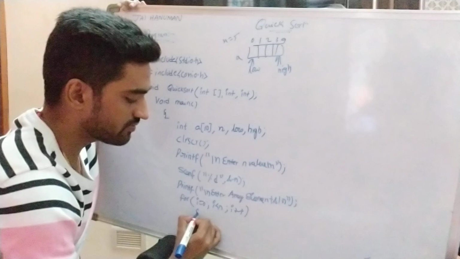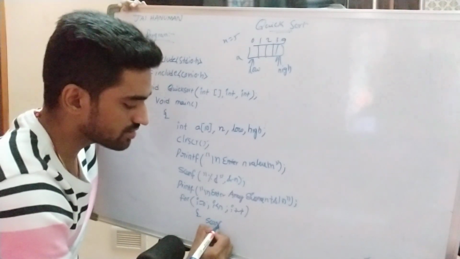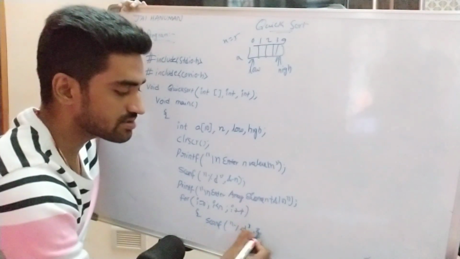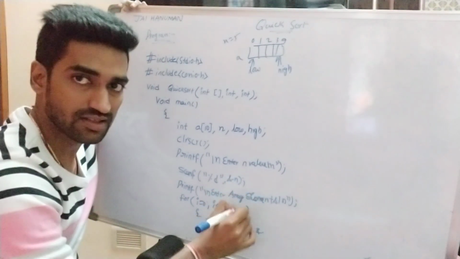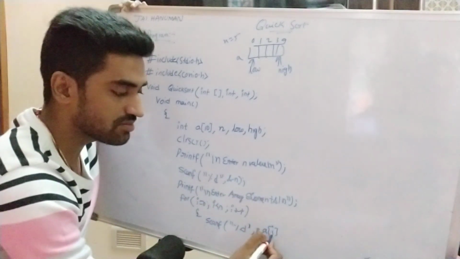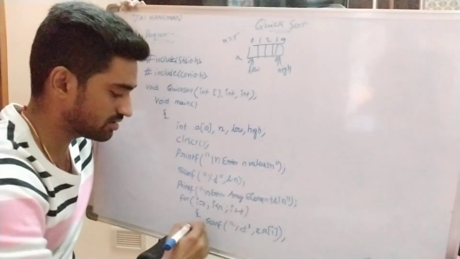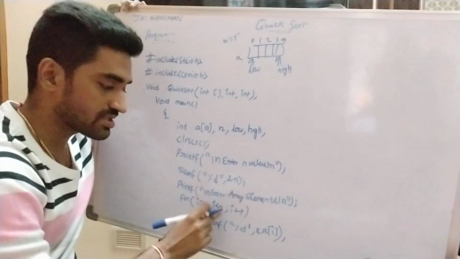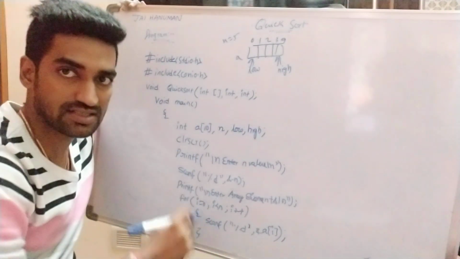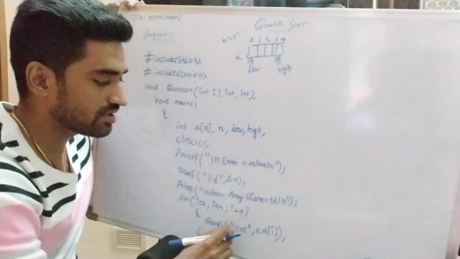Then I am reading all the values into the array. These are all integer values, so I am specifying the %d control string and also the address of the element. Here I am reading elements into the array, so I am specifying the ampersand a of i. Once this condition fails, the control is passed to the next statement.